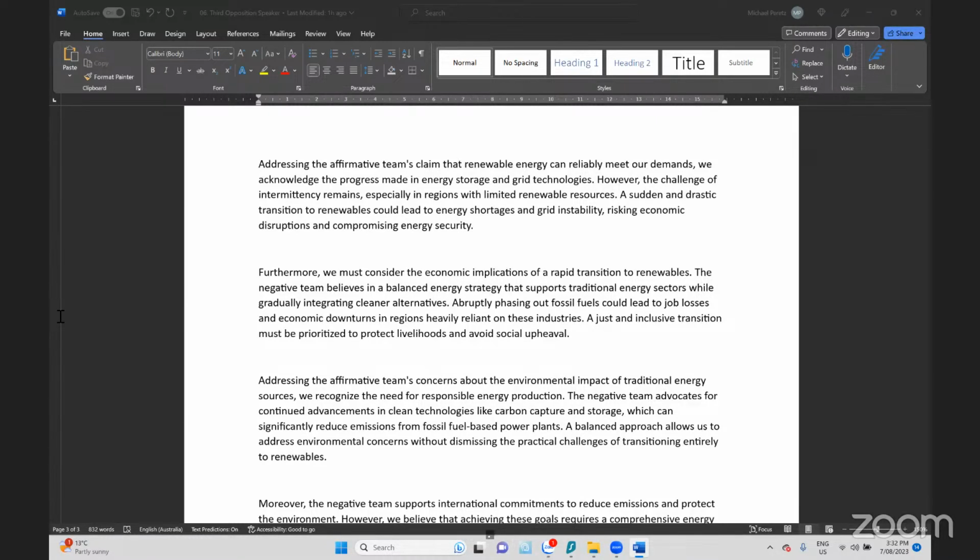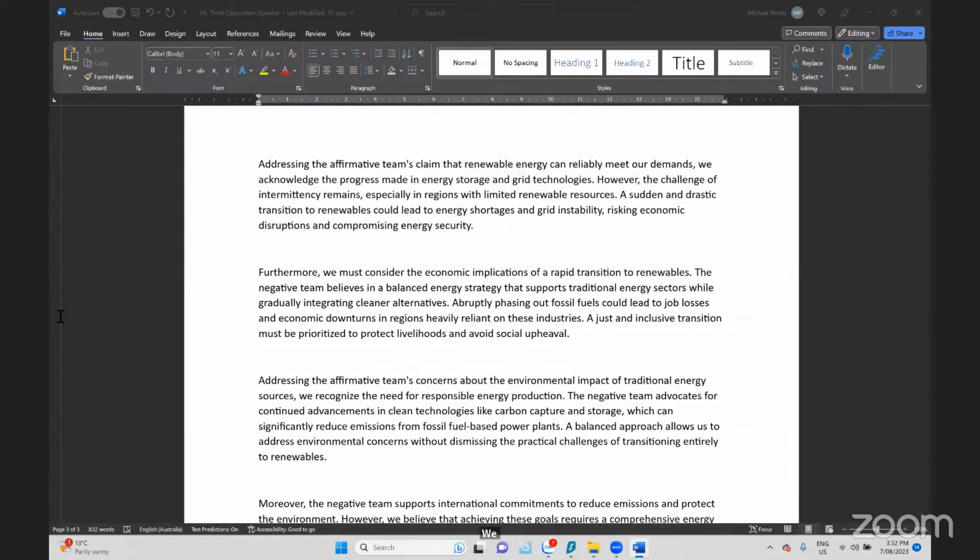Furthermore, we must consider the economic implications of a rapid transition to renewables. The negative team believes in a balanced energy strategy that supports traditional energy sectors while gradually integrating cleaner alternatives. Abruptly phasing out fossil fuels could lead to job losses and economic downturns in regions heavily reliant on this industry.